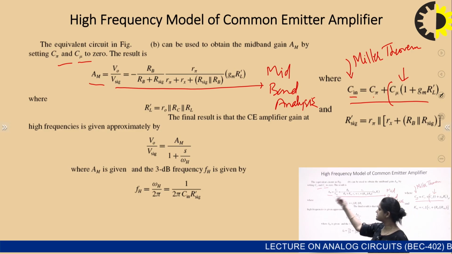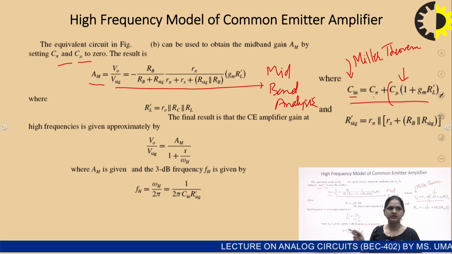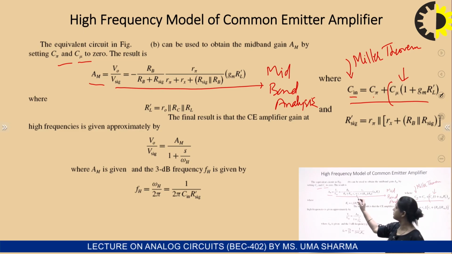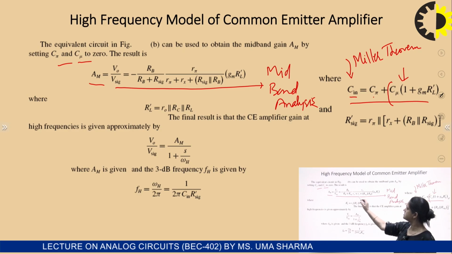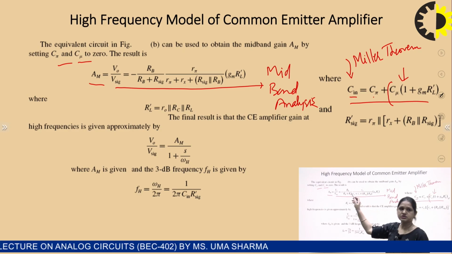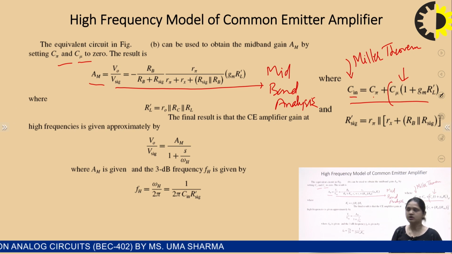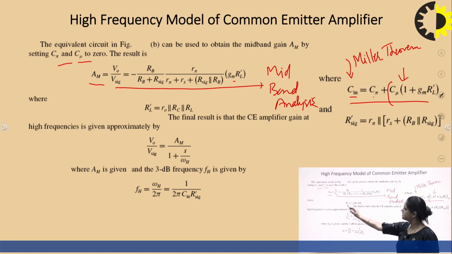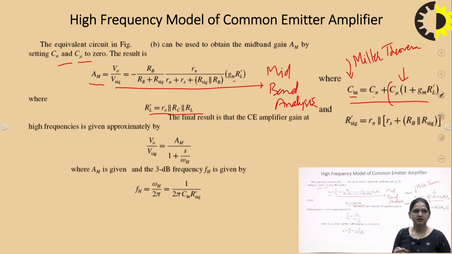From the diagram, if we neglect C pi and C mu, then V output upon V signal will come out as R in upon R in plus R signal, R pi upon R x plus R pi. This is a voltage divider applied at the input side, and now C pi and C mu are 0. Then this will be multiplied by gm RL. This is the current, this is the output voltage. So V o by V signal will become this, and this can be represented by AM, the mid-band gain. This is the final output resistance RL.